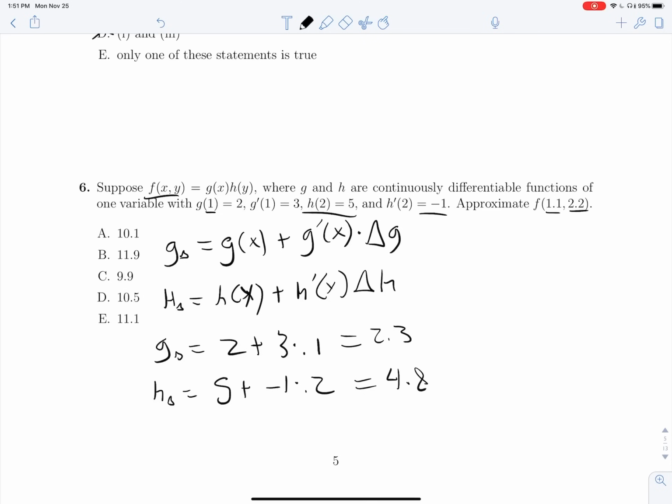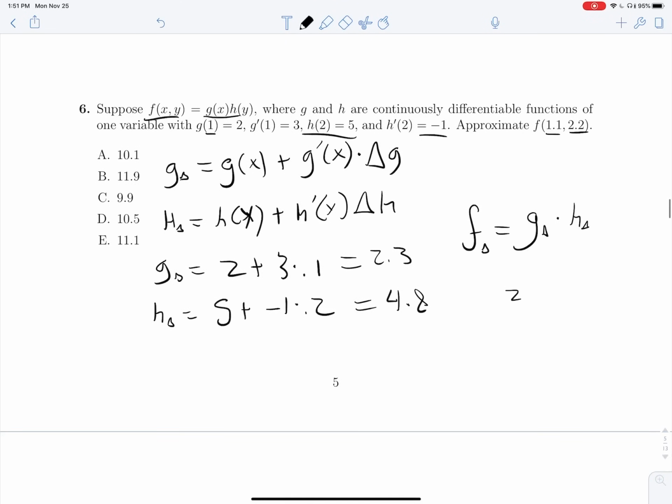And we know that f of x, y is just these two multiplied together. So our approximation for f is going to be our approximation for g multiplied by our approximation for h.